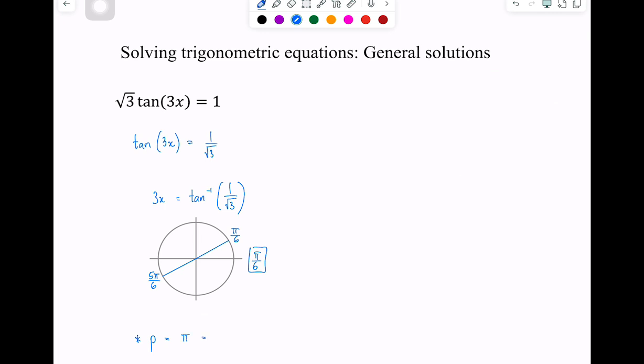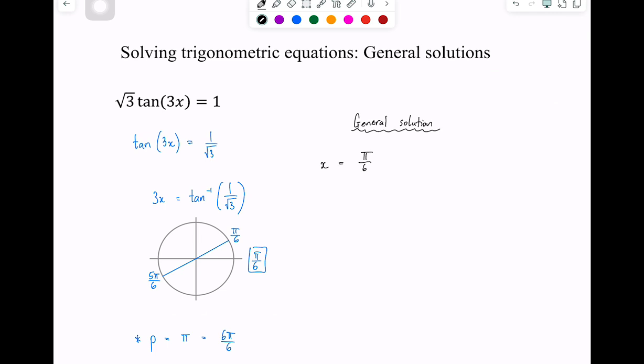Now, seeing that our denominator for our solutions is pi on 6, we can rewrite pi as 6 pi on 6. So when we go to our general solution now, we only need one solution.